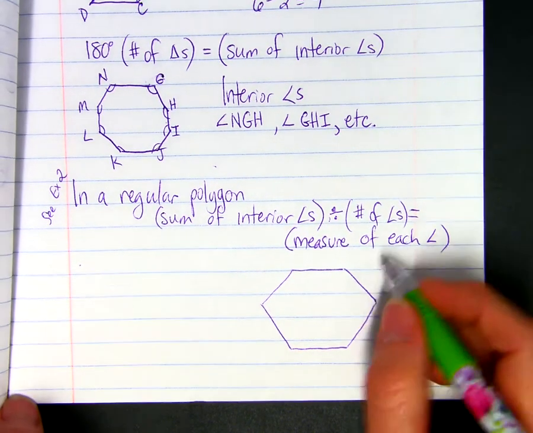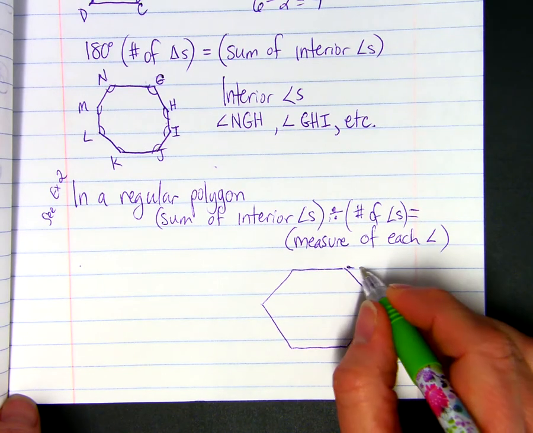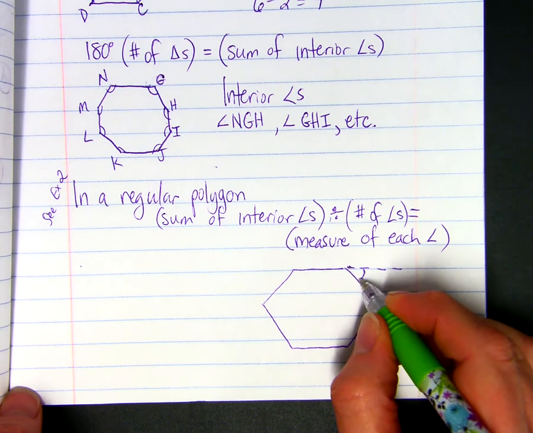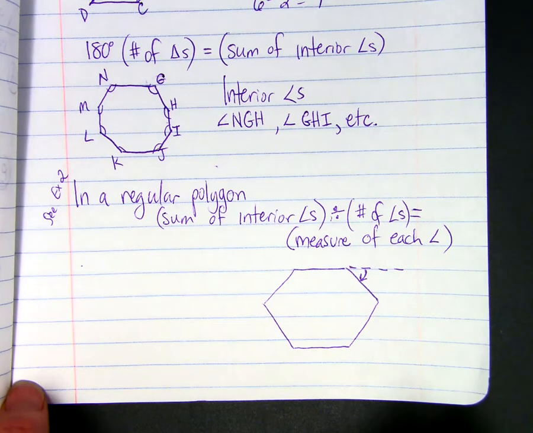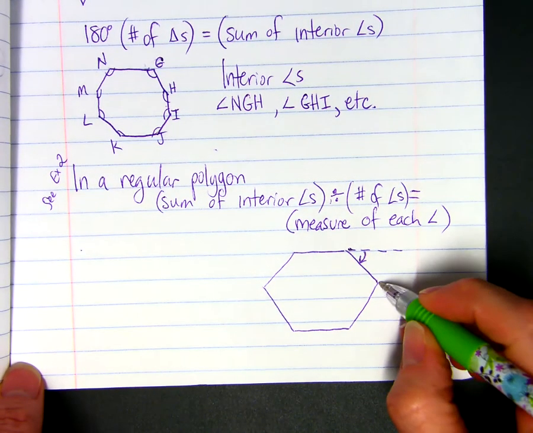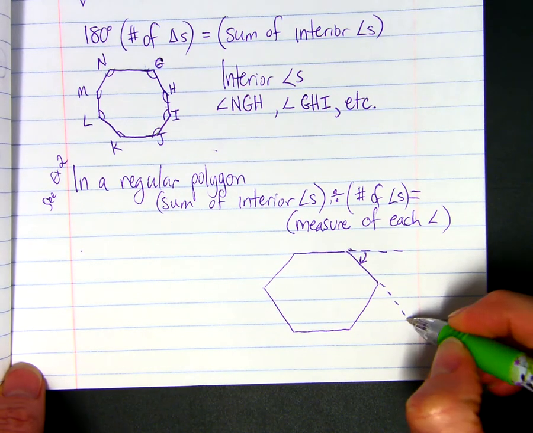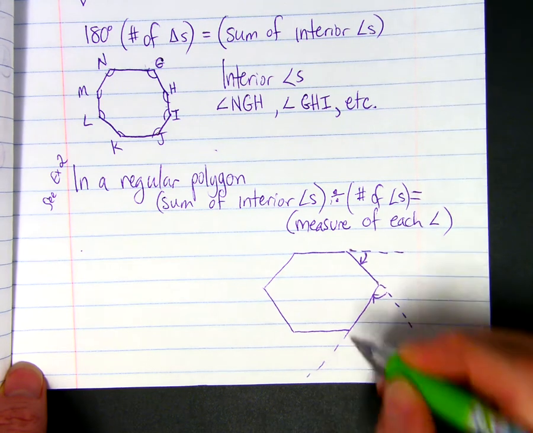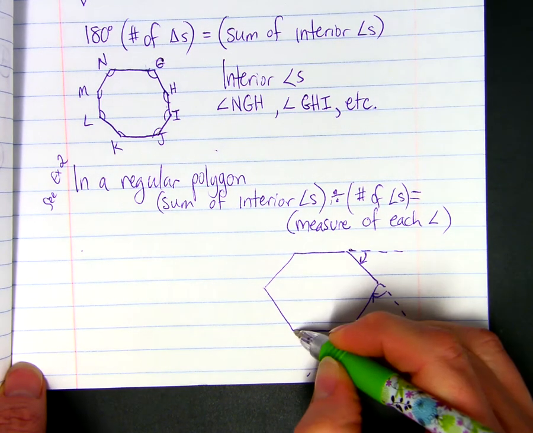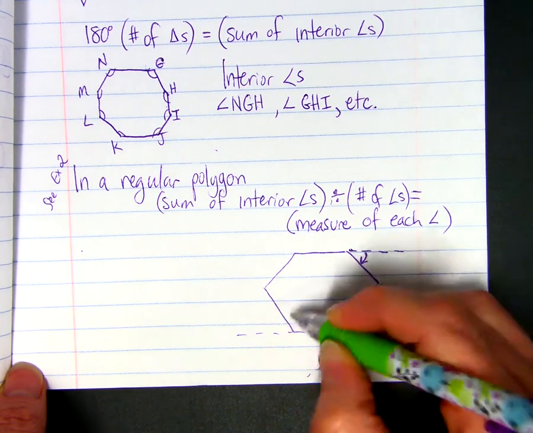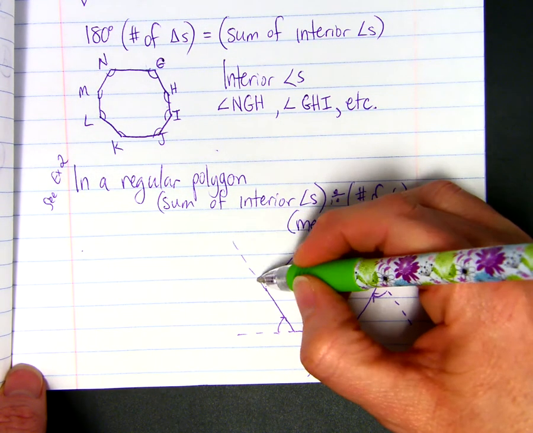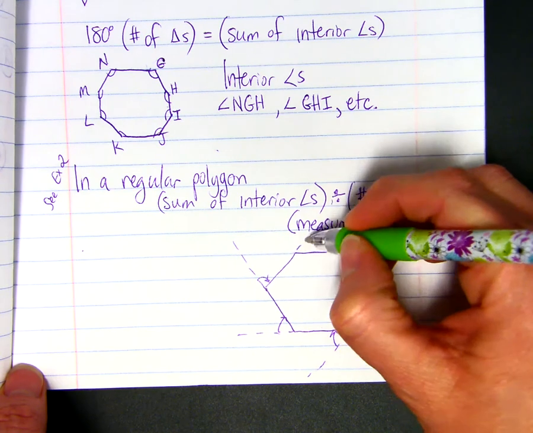It's kind of like if you extend one of the sides out. This measure right here is an exterior angle. So if you extend out this side, that's an exterior. These ones are all the exterior angles.